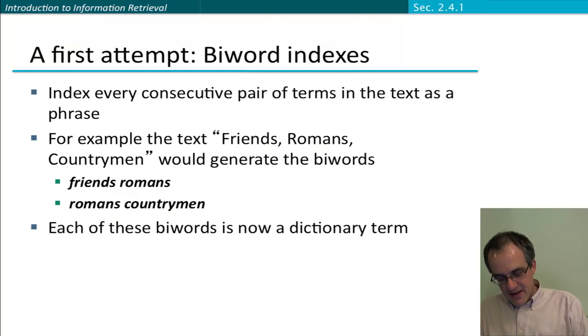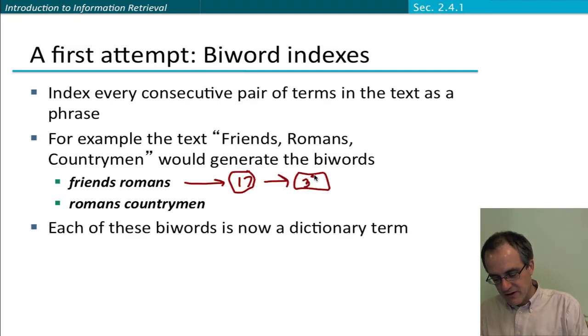So what does that mean? Well, that means that for each of these, we'd say that friends, Romans occurs in, let's say, document 17, and maybe it also occurs in document 33, and Romans, countrymen occurs in document 17, and it might occur in some other document.